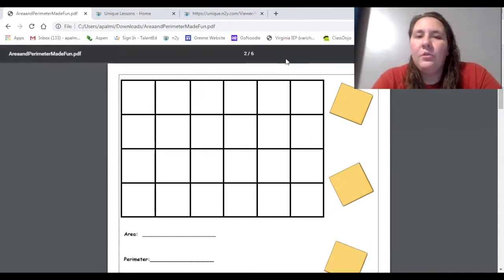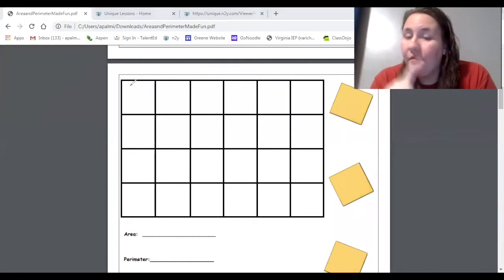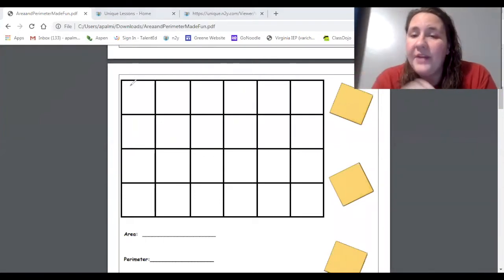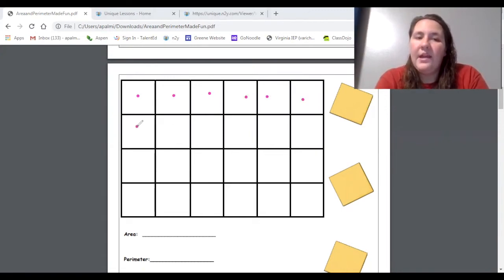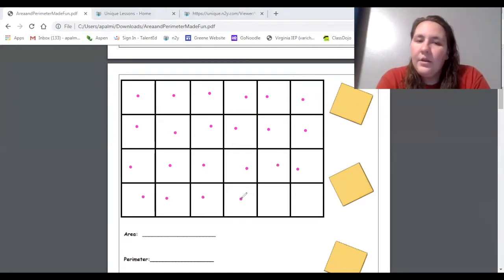So we are going to use our marker, and you can do this at home with your finger or on your paper. We're going to count and put dots while we count. So let's do it together. Ready? 1, 2, 3, 4, 5, 6, 7, 8, 9, 10, 11, 12, 13, 14, 15, 16, 17, 18, 19, 20, 21, 22, 23, 24.